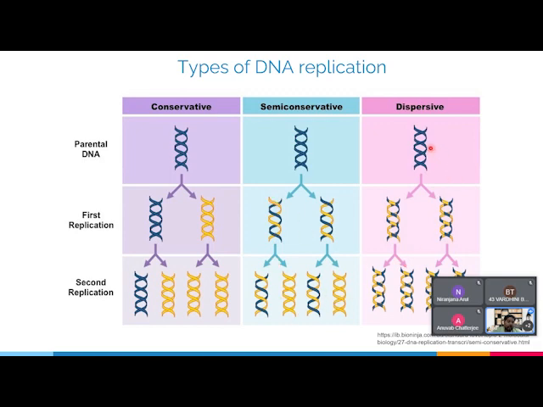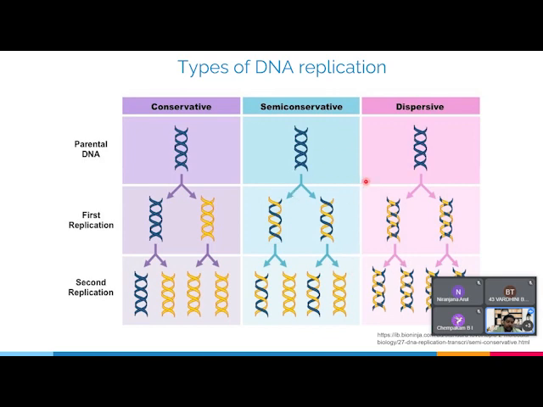And finally we have the dispersive model, which suggested that the entire strands are not inherited as is, but they are broken up and inherited in pieces as shown right here. So we have parts of the original strand as well as the newly synthesized strands, which are shown in yellow, and this continues in the next one.